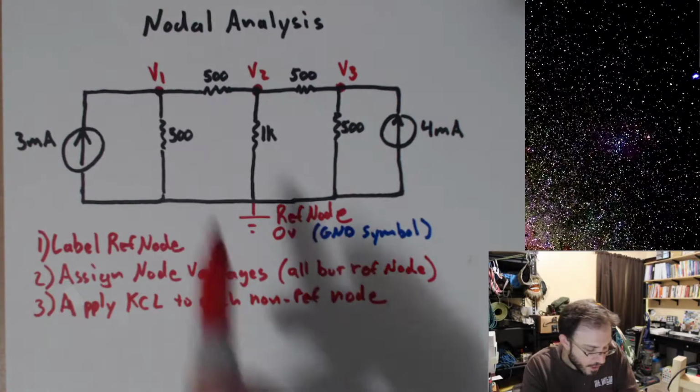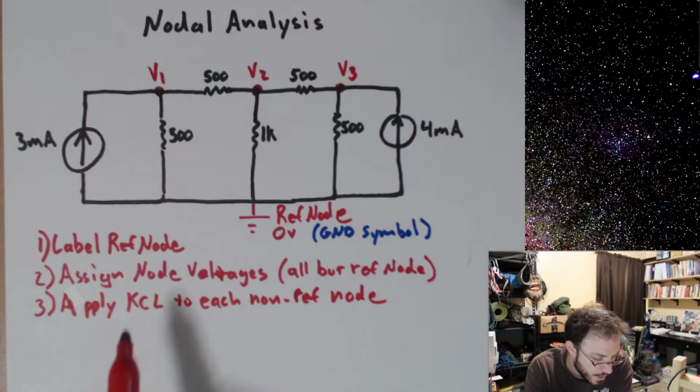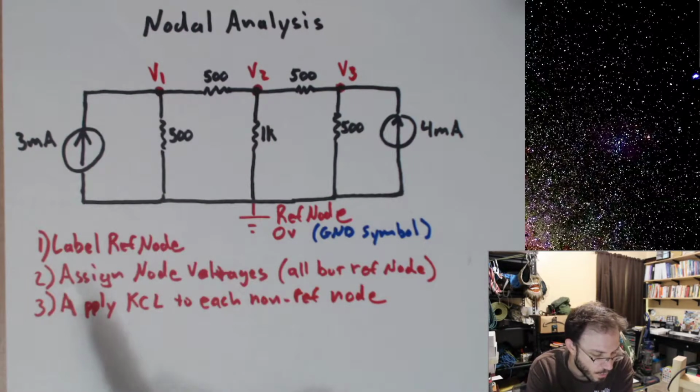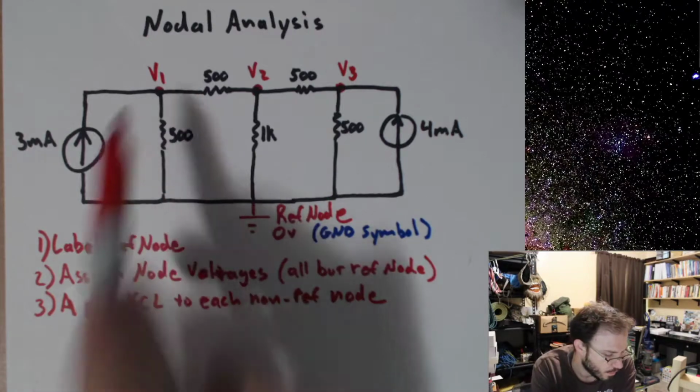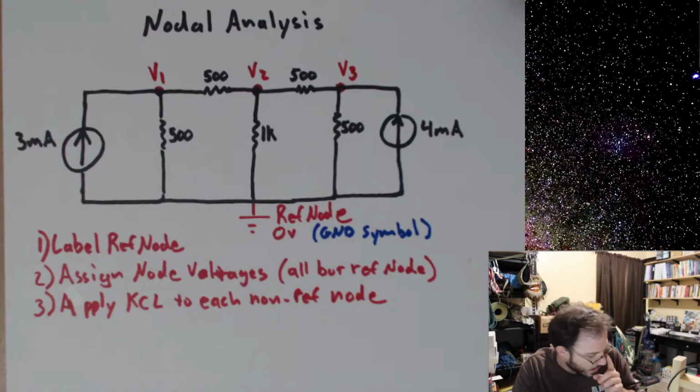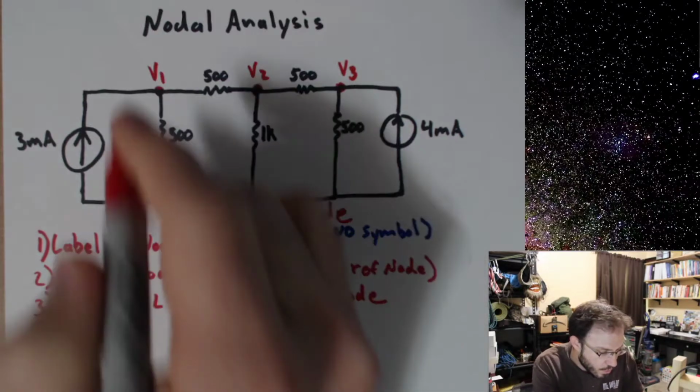So for each one of these, we're going to apply KCL for V1, for V2, and V3, and write out an equation using KCL for each one of those. So let's go ahead and do that. Let's start with our node V1.